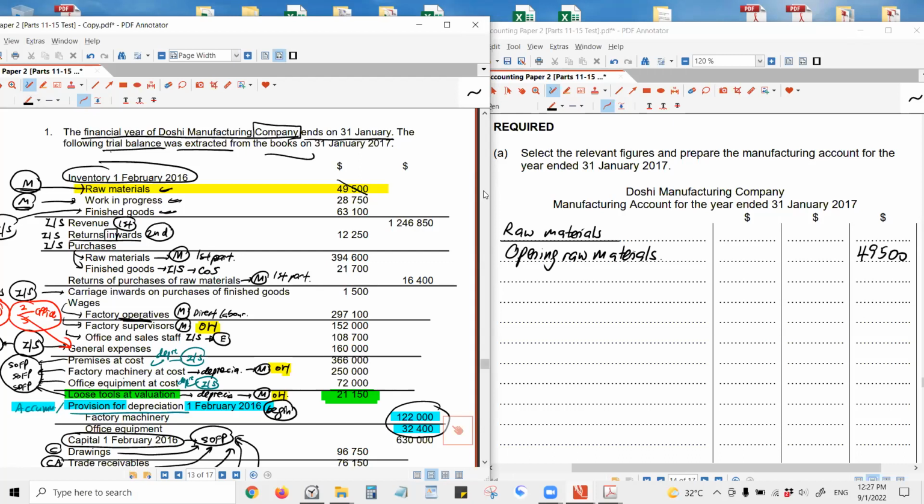Then purchases of raw material. The formatting should be familiar, right? Opening plus purchases. If there's carriage inward, then you plus, then you minus closing raw material. Everything about raw material. If there's returns of raw material, remember to minus it also. Next we look at purchases of raw material. 394,600, can see?